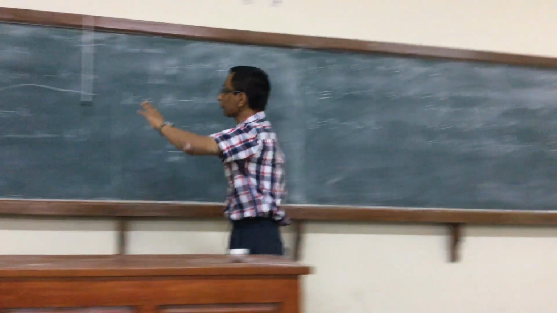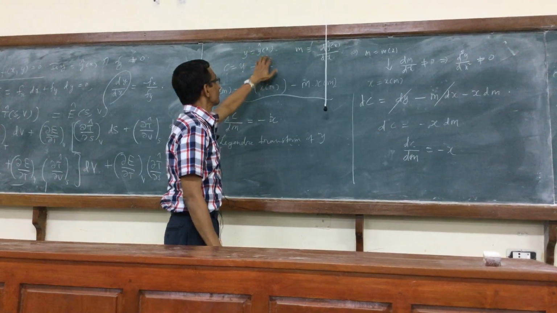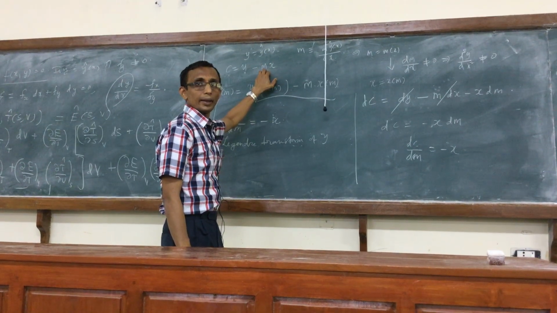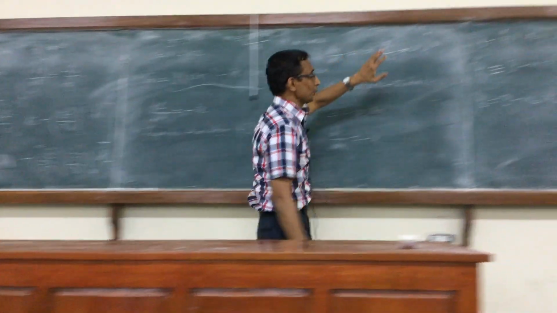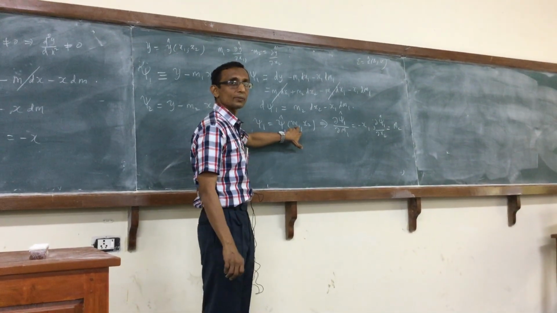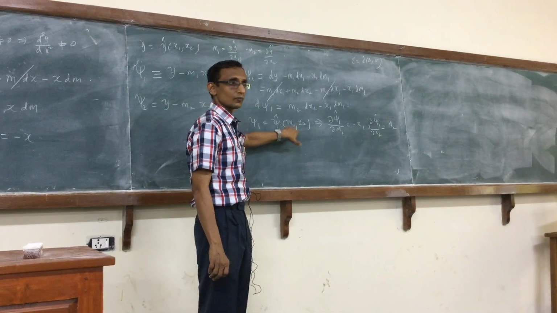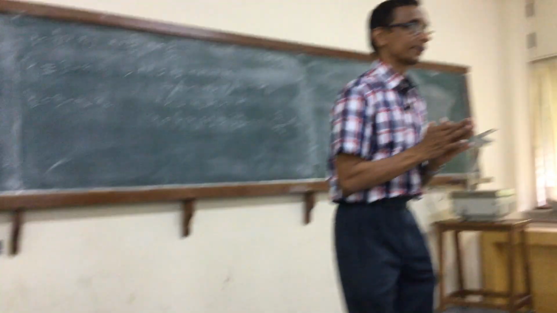So now if you compare it with this, this is the Legendre transform. What we have done is we have eliminated x and introduced a new variable m here. So when I do y minus m1 x1, all I am doing is eliminating x1 and introducing m1, so that it becomes a function of m1, and x2 is retained as it is.